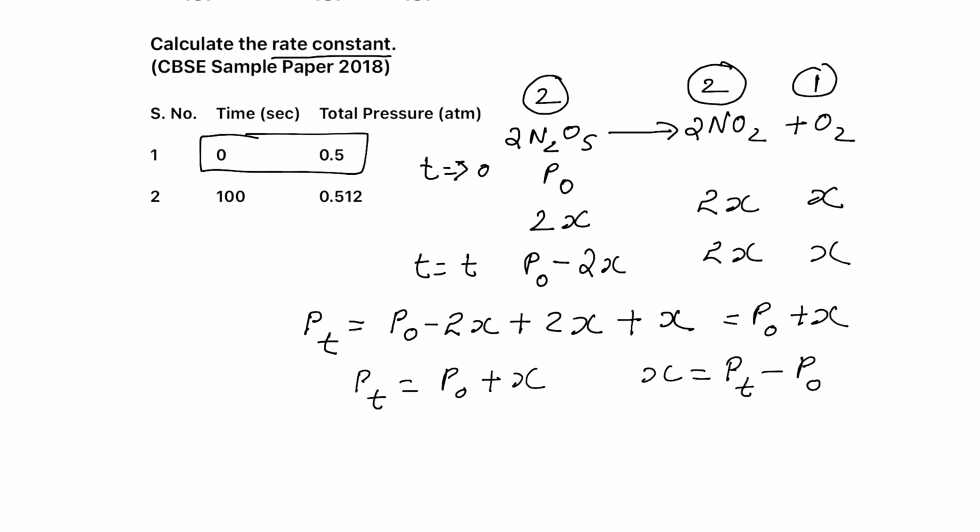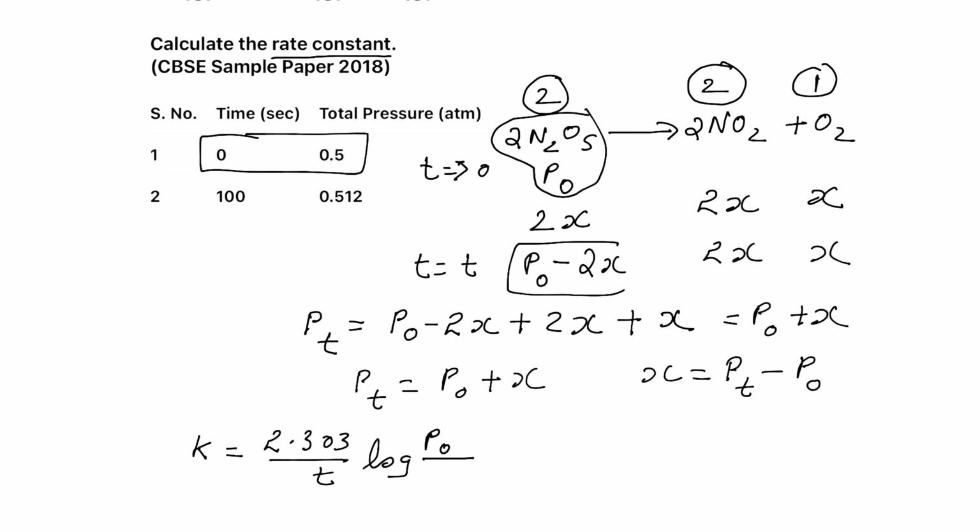Now, what was our equation? Our equation was K is equal to 2.303 by t log P0, the initial pressure of the reactant, by the present pressure of the reactant. That is very important, okay?